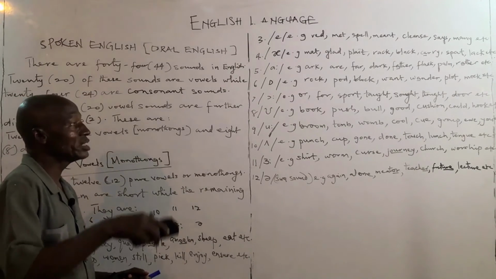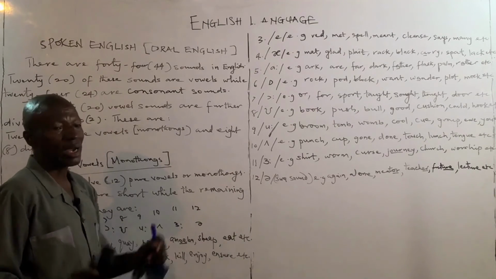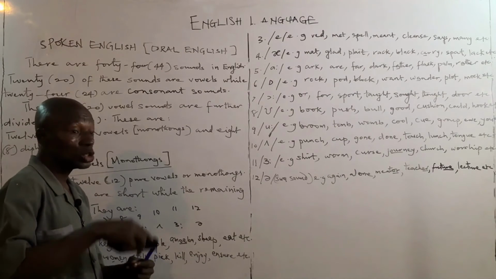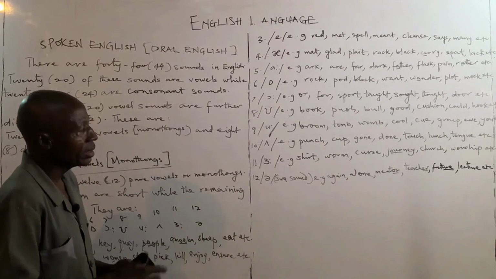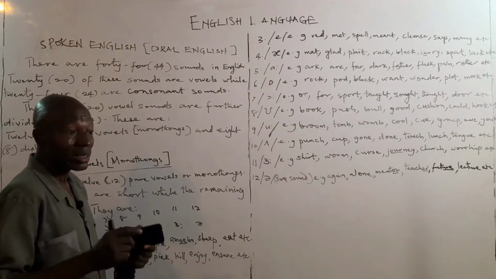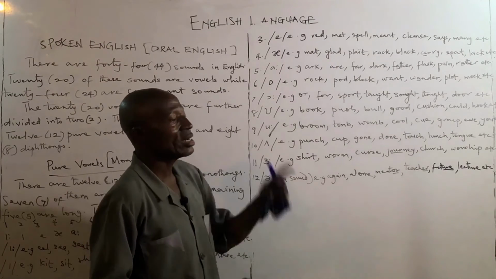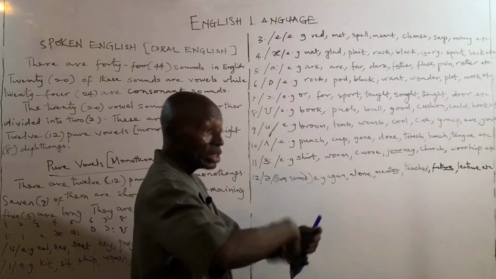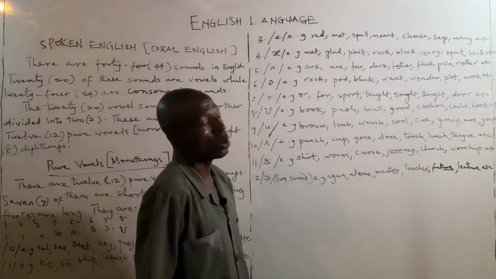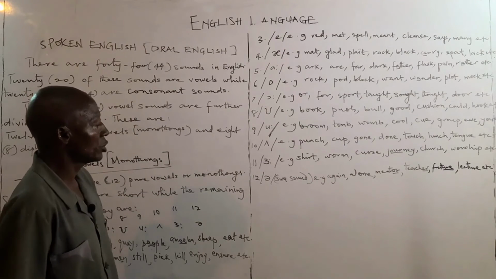The past tense of buy is bought. That bought is long. You have catch. The past tense of catch is caught. That caught is long. You have bring. The past tense of bring is brought. That brought is long. So any verb that changes to the past and has the aw sound, that sound is always long. Always long. Then door, so on and so forth.